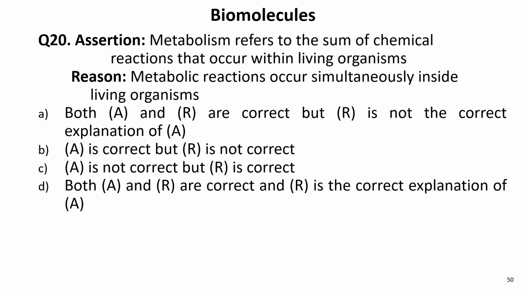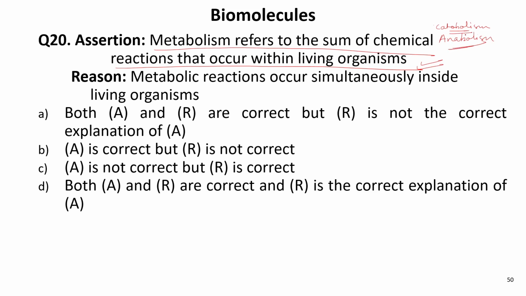Next question. Metabolism refers to the sum of chemical reactions that occur within the living organism. Metabolic reactions are the group of catabolism and anabolism. Catabolism means something is broken down, and anabolism means synthesis takes place.